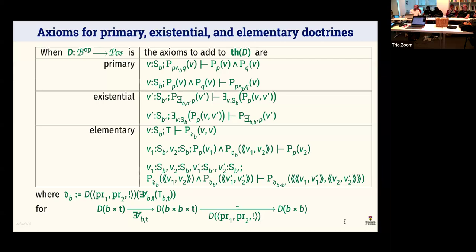Similarly, for the existential quantification and for the elementarity condition, one says, well, look, in fact, it all seemed very complicated.